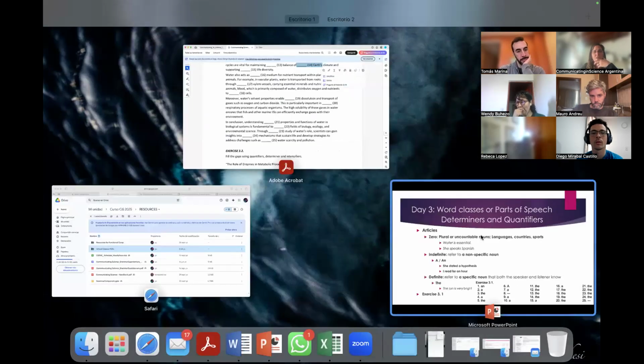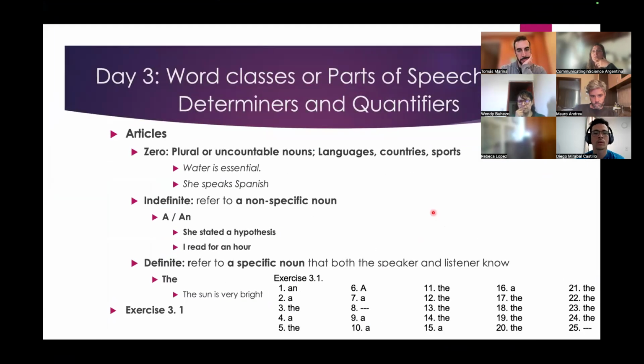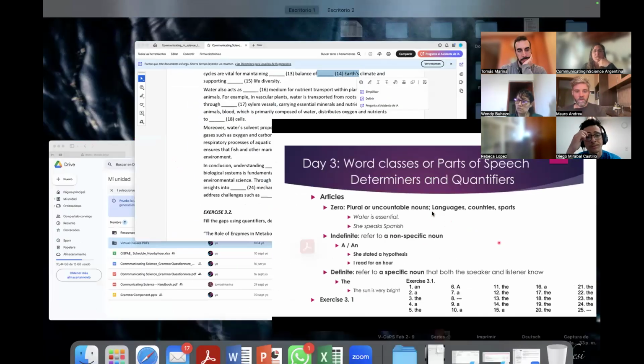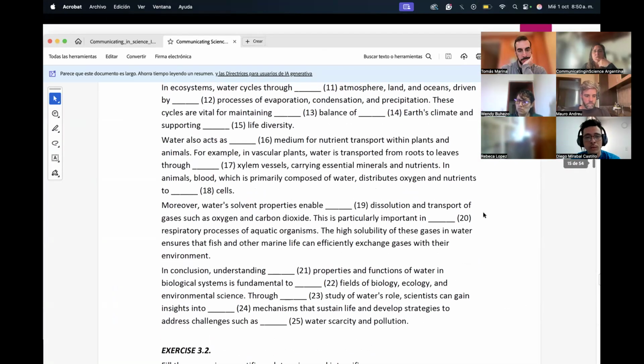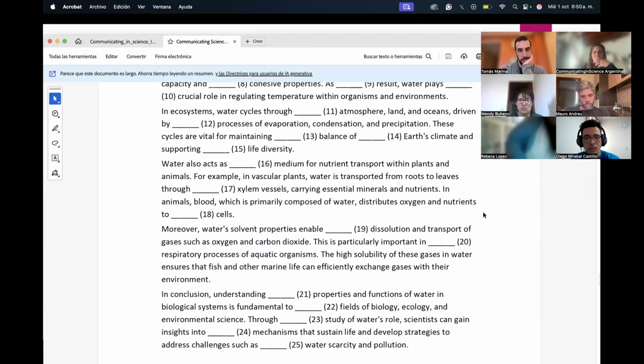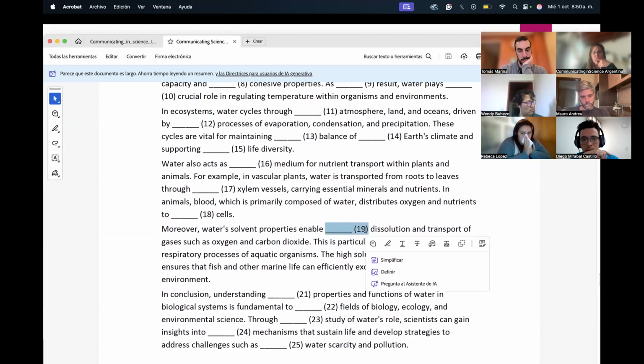Okay, we'll go back to our exercise. Teacher, can you come back to the exercise? In the case of number 19, could I leave it without an article to make it more general?